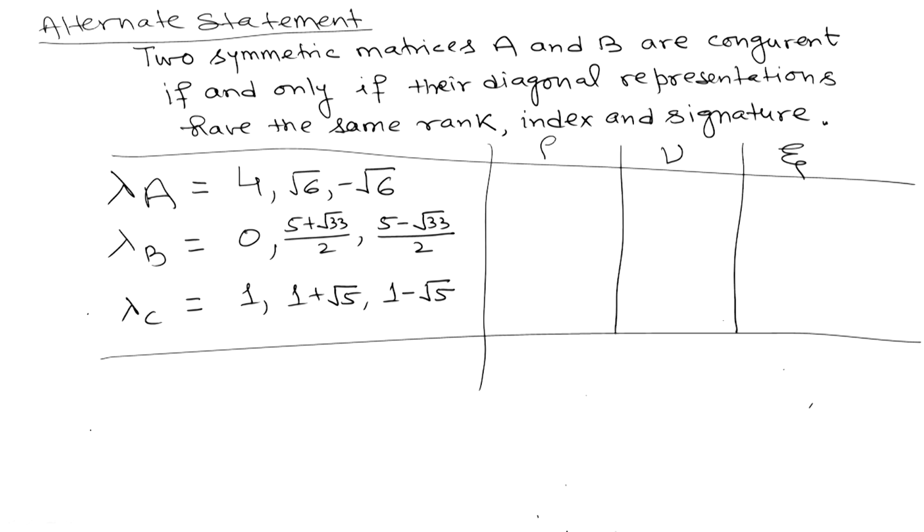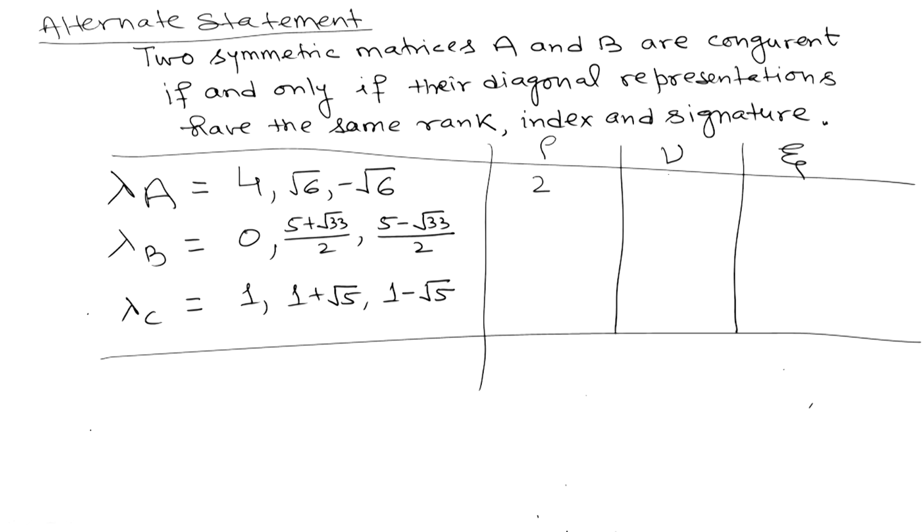Rho is defined as the number of positive eigenvalues, so here it is 2; nu is the number of negative eigenvalues, which is 1; and zeta is the number of 0 eigenvalues. So for A it will be 2 1 1.